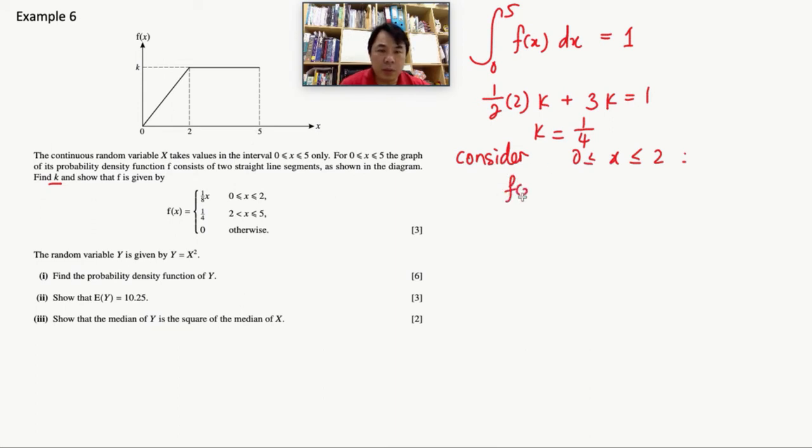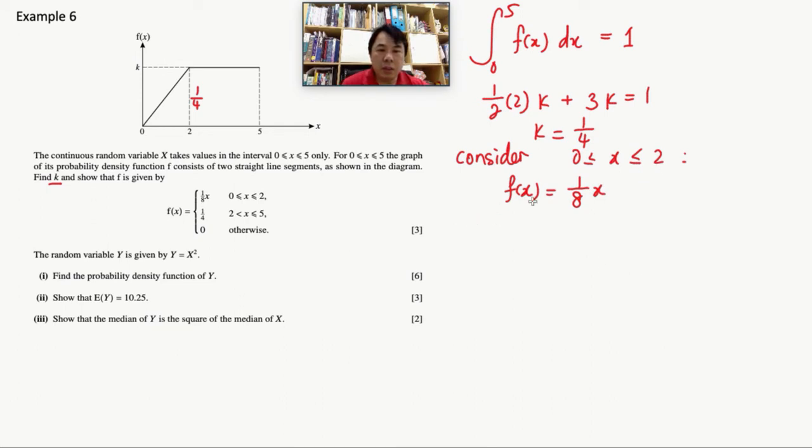Therefore that function must be f(x) equal to mx plus c, but there's no c here. The gradient, we can obtain quite easily. So the gradient is actually 1/4 divided by 2, because this is 1/4 here. So therefore the first graph can be represented as 1/8 x.